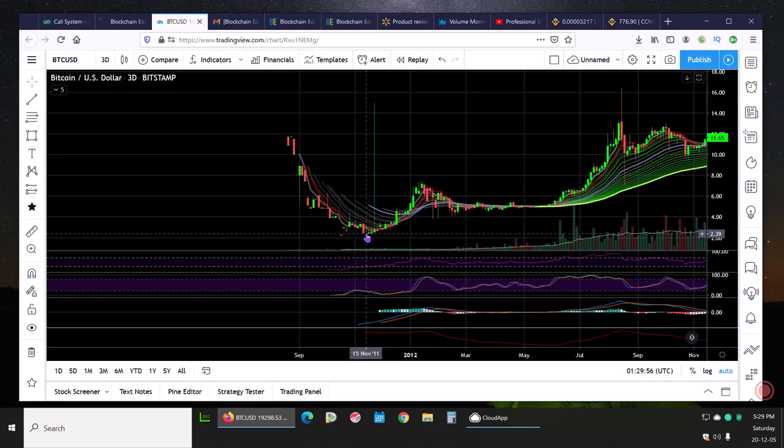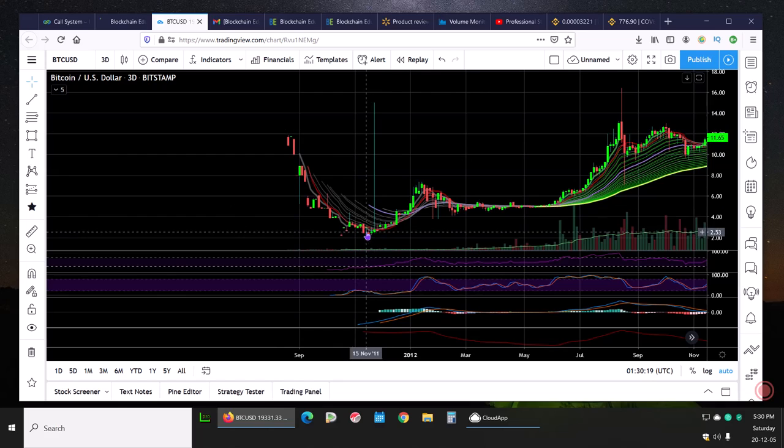The earliest price that I really remember was about $2.50 per Bitcoin, which if you're familiar with what Bitcoin is worth today, it's pretty crazy. $2.50 versus almost $20,000 per Bitcoin? Yes, that is correct.